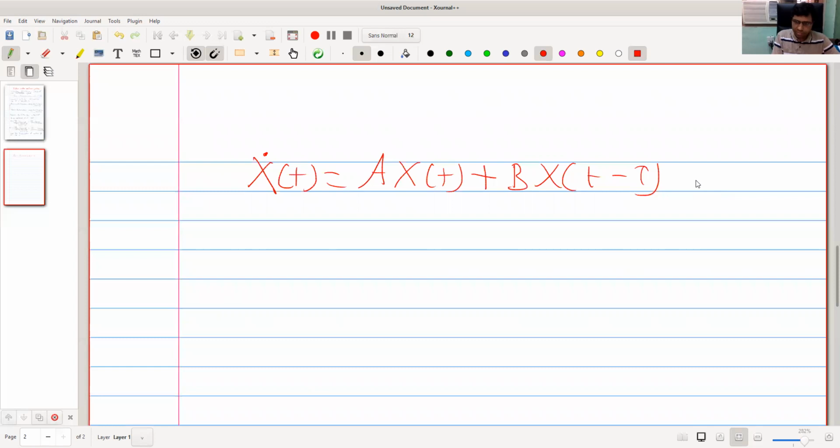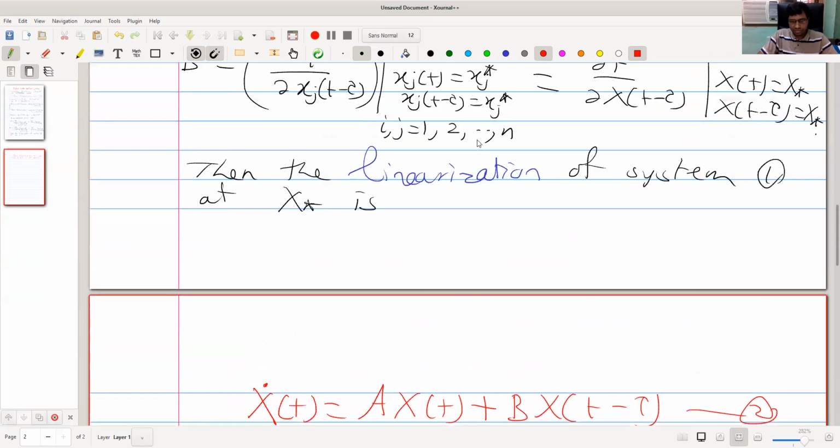This is a linear system, where A and B are n by n matrices. And of course, capital X has n components. Components means x1, x2, etc., which are scalar, real valued functions.